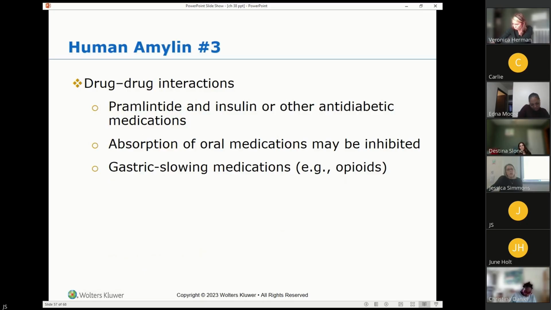Drug-to-drug interactions include Symlin and insulin or other anti-diabetic medications because of the risk for severe hypoglycemia. You also don't want to take this drug with other drugs that slow gastric emptying, like opioids.